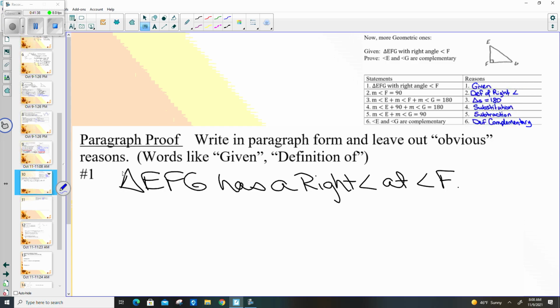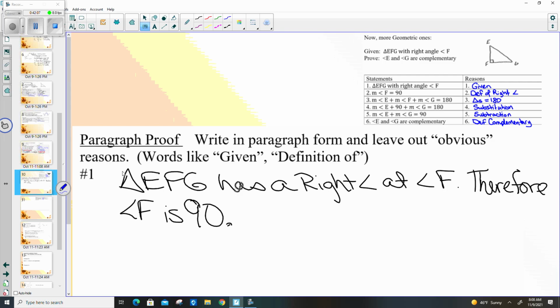Therefore, angle F is 90. So I don't need to write definition of right angle, because the therefore took care of that part for me.